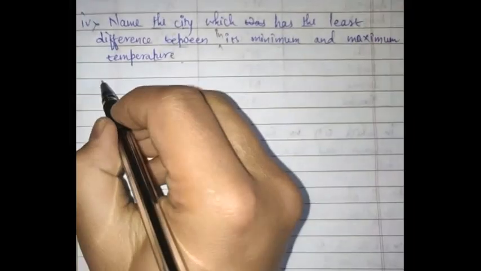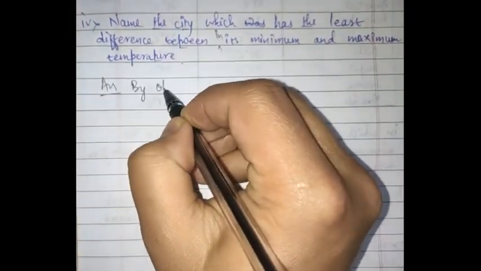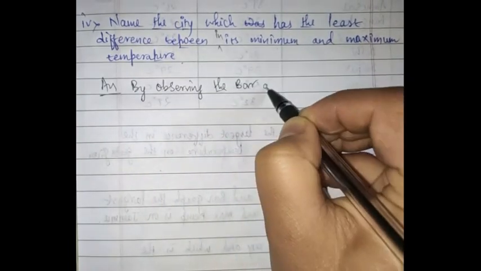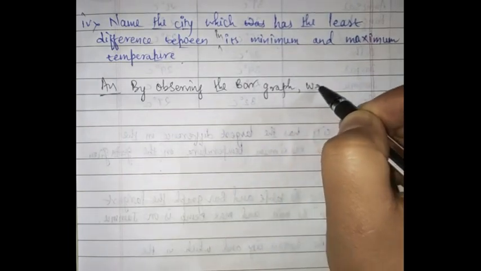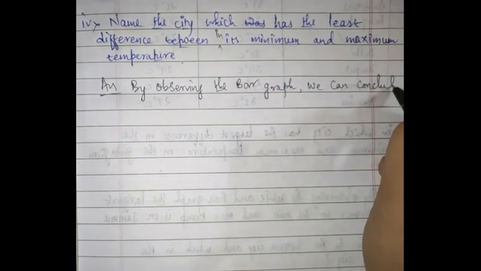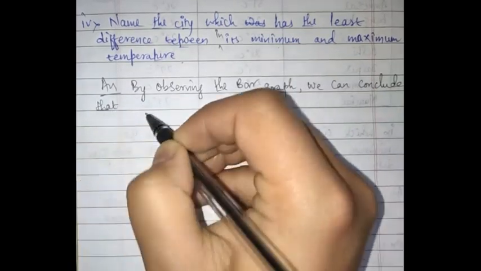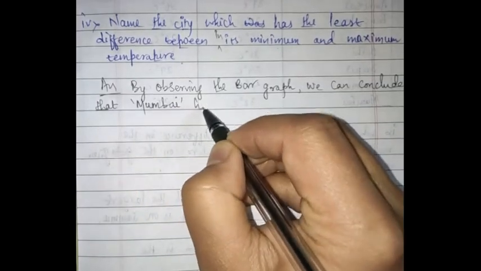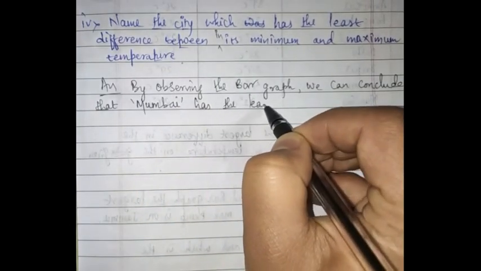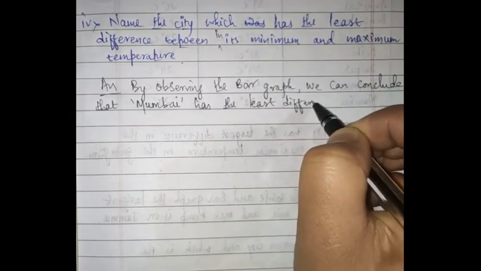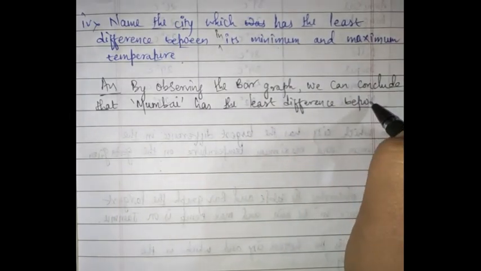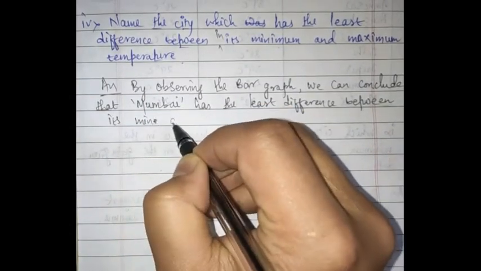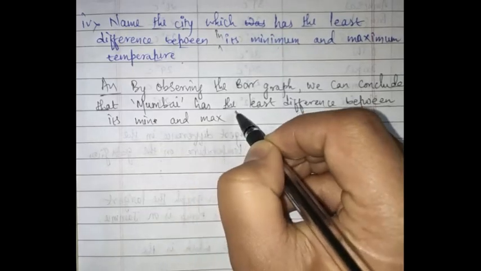So you will write, by observing the bar graph, we can conclude that Mumbai has the least difference between its minimum and maximum temperature.